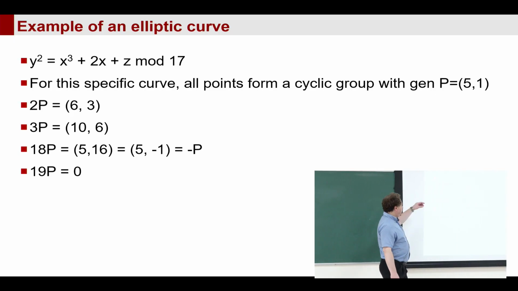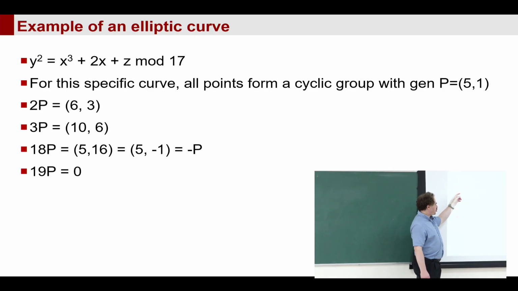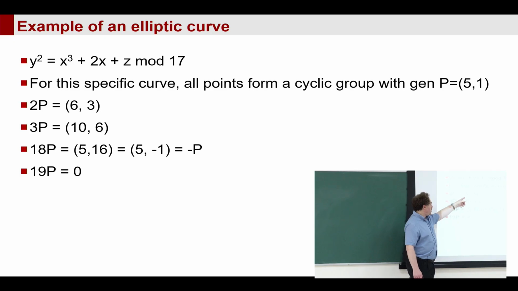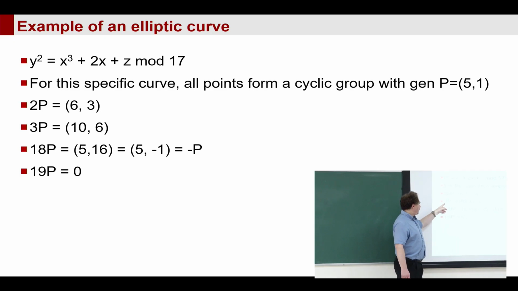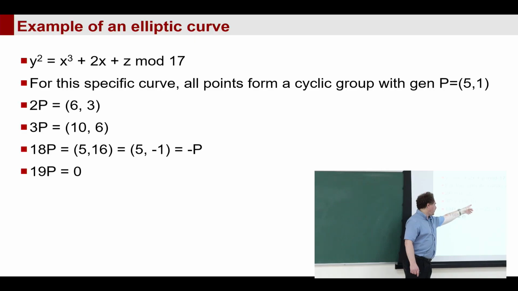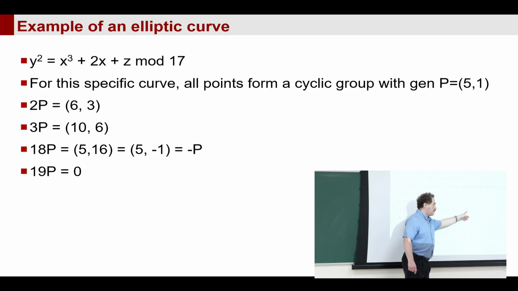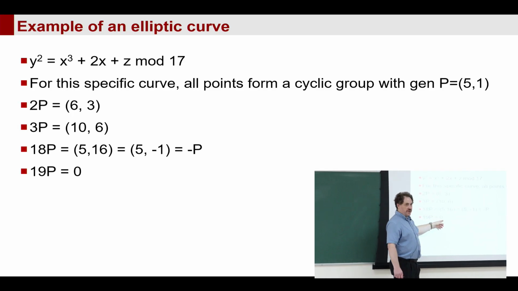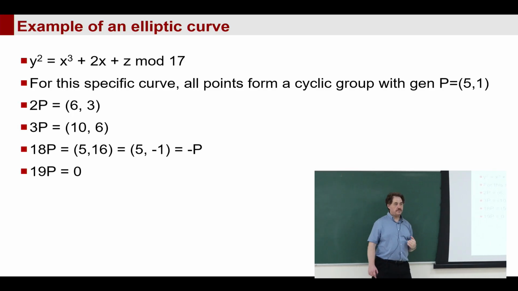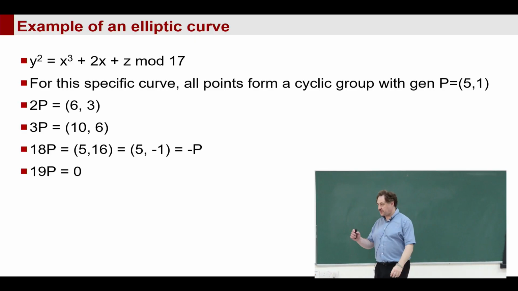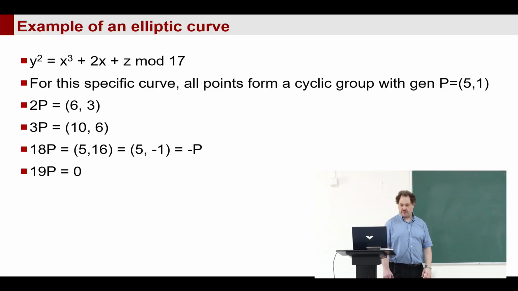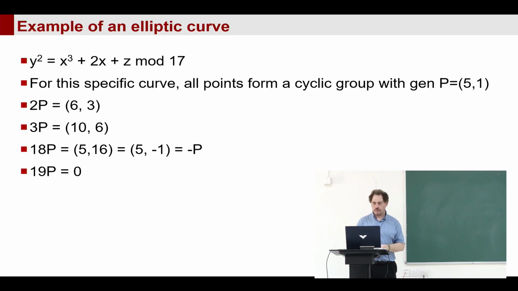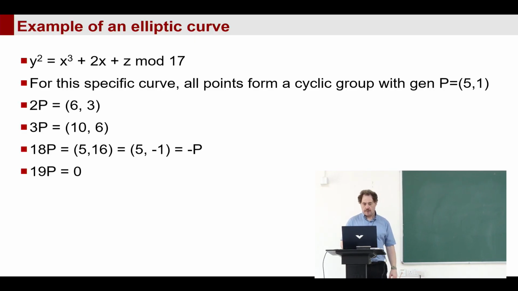I'm not showing exactly how it's computed, but you would need to trust me that 2P would be equal to (0,6), 3P would be equal to (0,106), and then if you go to 18P, we'll get minus P, and 9P would be equal to 0, for this specific curve. So this is just an example. This is the idea of working with elliptic curves.